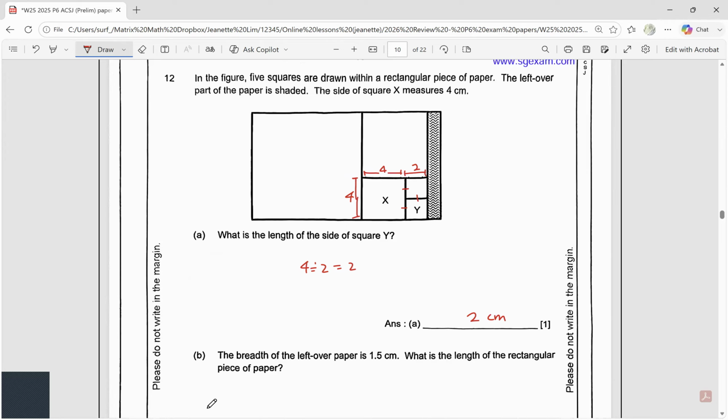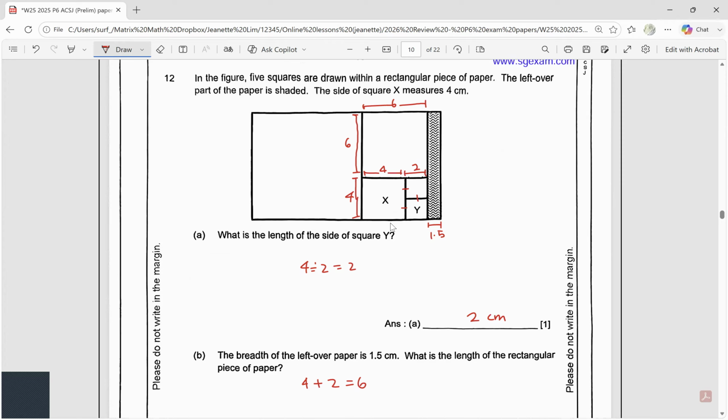So for part B, the breadth of the leftover paper is 1.5 cm. Then they're asking what is the length of the rectangular piece of paper. So this whole thing here. This part here is a 6, because 4 plus 2 is 6.